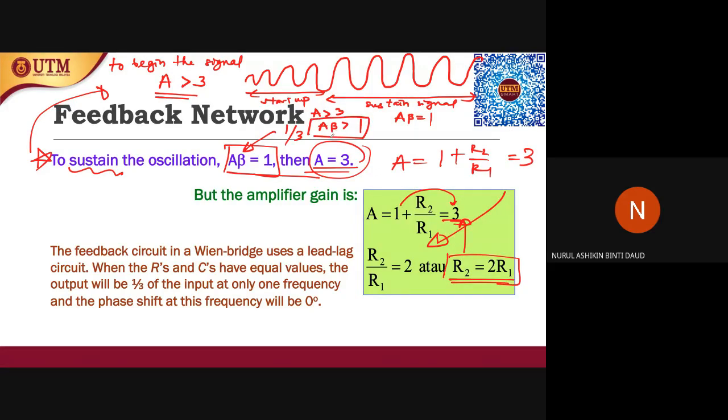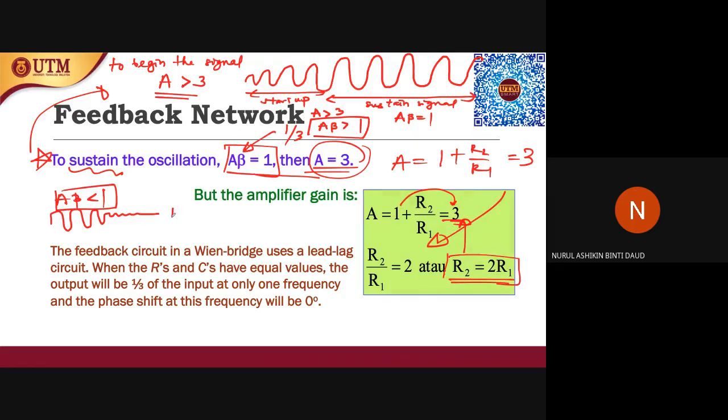If A beta is less than 1, we have learned before, what will happen to the signal? The signal will be dying. It will be decreasing, decreasing, and it will die.